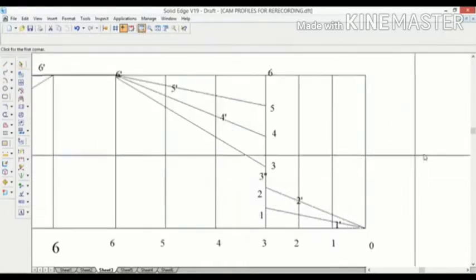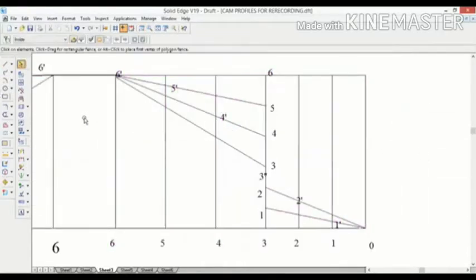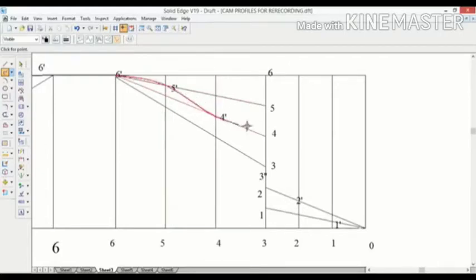So here comes the deceleration part. Join a curve from 6 to 6, 5 dash intersection line, 5, 4 dash, 3 dash, 2 dash, 1 dash, finally 0.